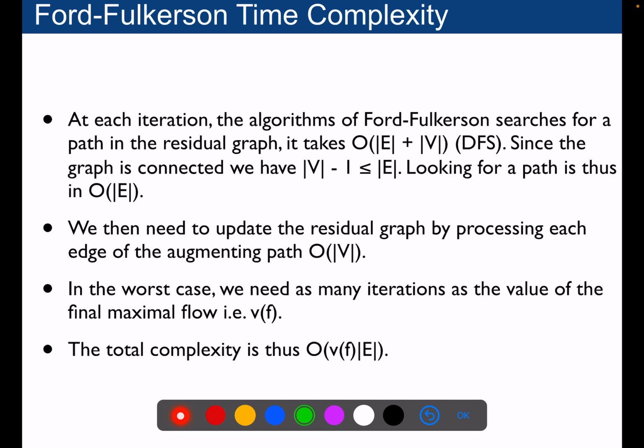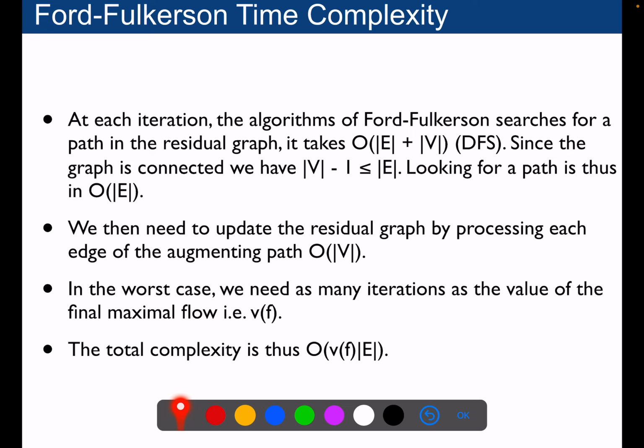So let's study the time complexity of this algorithm. At each iteration, we search for a path in the residual graph. If you remember the depth first search introduction that I made, the time complexity for one depth first search is order of the number of nodes plus the number of edges, linear time.